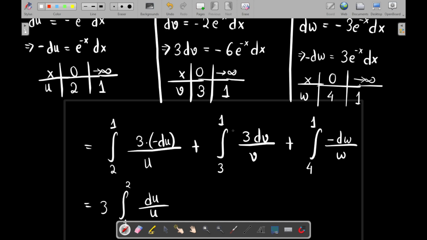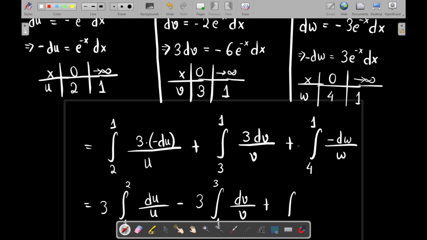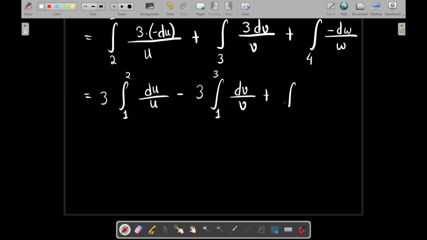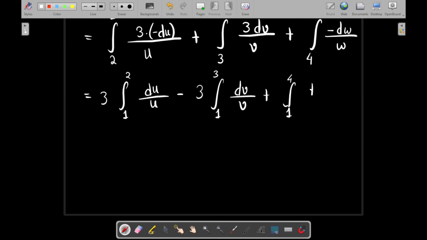Similarly, for this one, if I reverse the order of limits, this will become minus 3 times the integral of dv upon v, from 1 to 3. And for the last one also, on reversing the order of limits, the integral changes to 1 to 4 of dw upon w. Okay, so this has simplified a lot here.